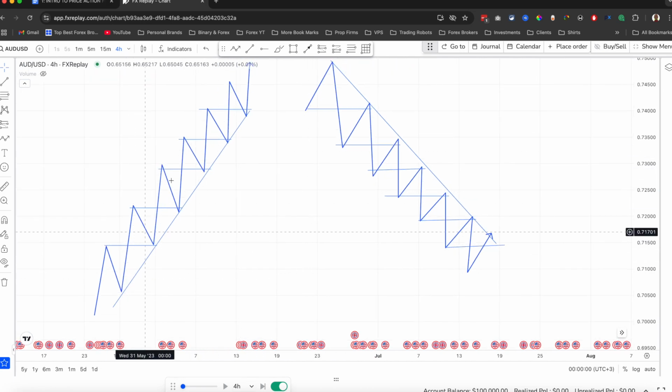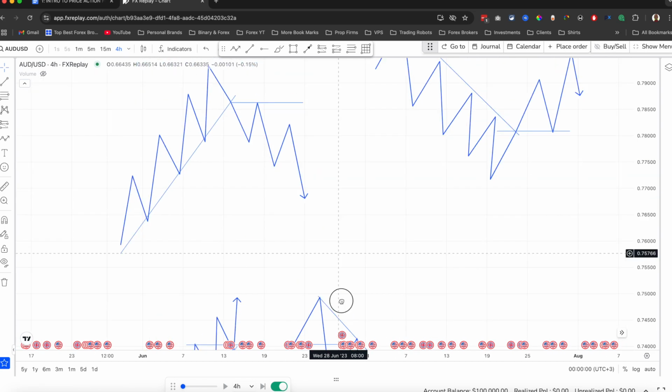So this was an uptrend and this was a downtrend. So these are the two major trends that we've seen so far, and these are the two major patterns that we've seen so far.